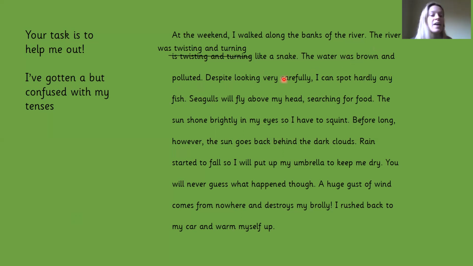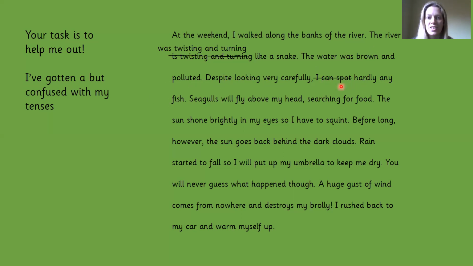Despite looking very carefully, I can spot hardly any fish. Okay, so I'm not quite happy with that because it says I can. So I think I need to change that. The verb that I've got there, I think I've made some mistakes there.